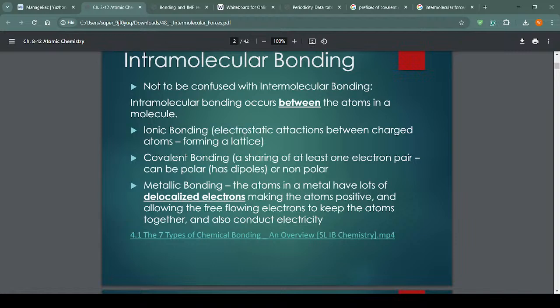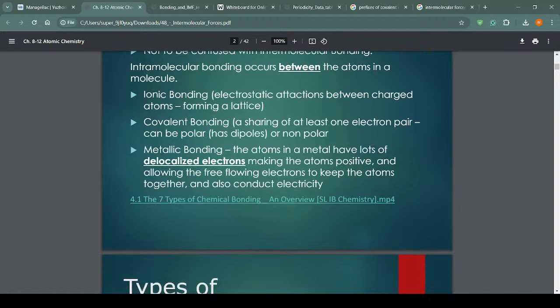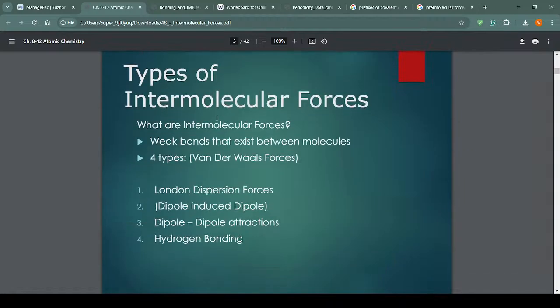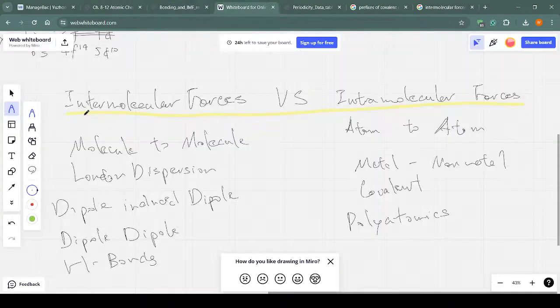Ionic bonding, electrostatic attractions between charged atoms forming a lattice, sharing of at least one electron pair. Metallic bonding, the atoms in the middle have lots of delocalized electrons, making the atoms positive and allowing the free-floating electrons to keep the atoms together. Types of intermolecular forces. Oh, they're called van der Waals forces.